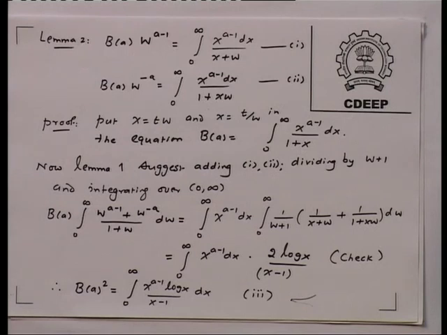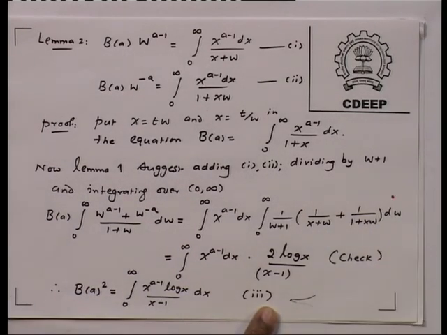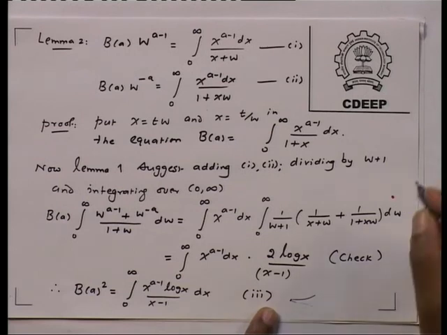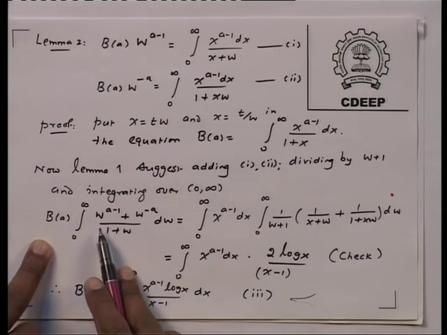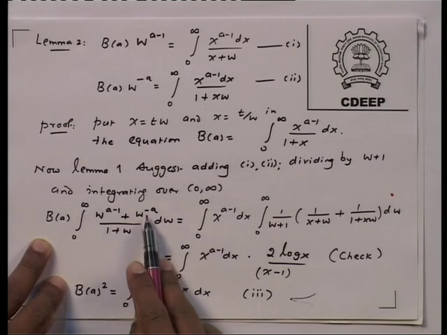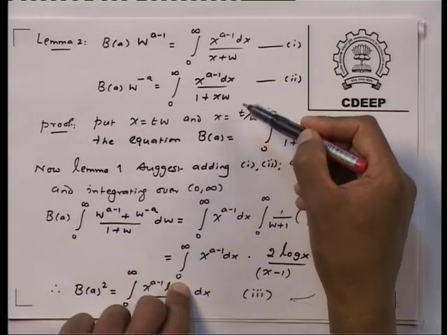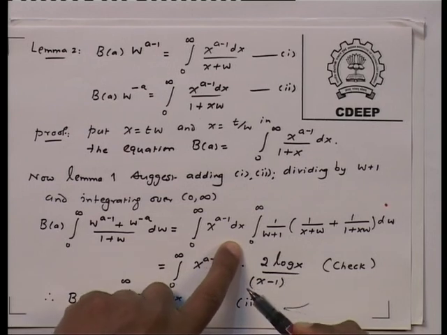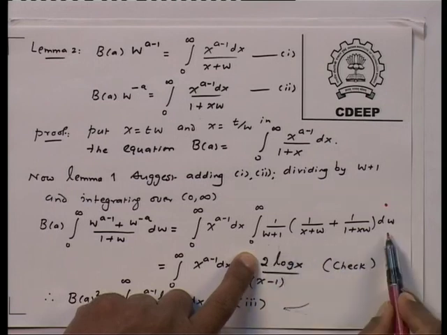So, if you do this, what are you going to get? You are going to get this particular equation over here, this one, B of a into integral 0 to infinity w of a minus 1 plus w of minus a upon 1 plus w dw equal to, now when you add up this and this, that x to the power a minus 1 is a common factor and the rest are the things that involve w that have been taken in the second one.